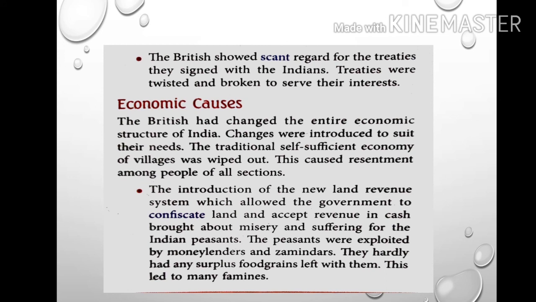So these peasants were exploited by moneylenders, zamindars, and the British government, and they did not have surplus food. All these situations led to famines. Famines means when there is an acute shortage of food grains for common people. That situation is known as famines.